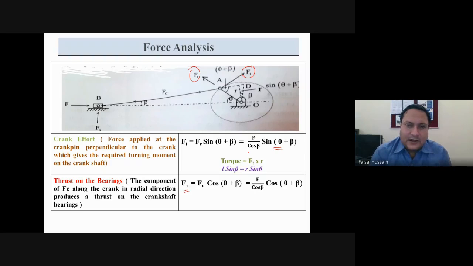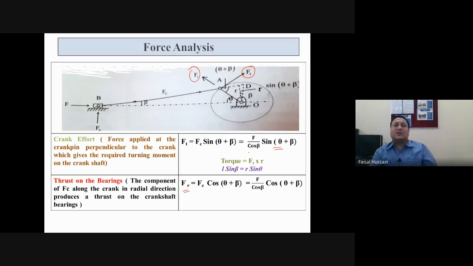Similarly, you should know that Ft is your crank effort, which is perpendicular to the crank. Okay, so I can define crank effort as the force applied at the crank pin, which is perpendicular to the crank and which gives the required turning moment on the crankshaft. So that is your Ft. Similarly, what will be your radial force?